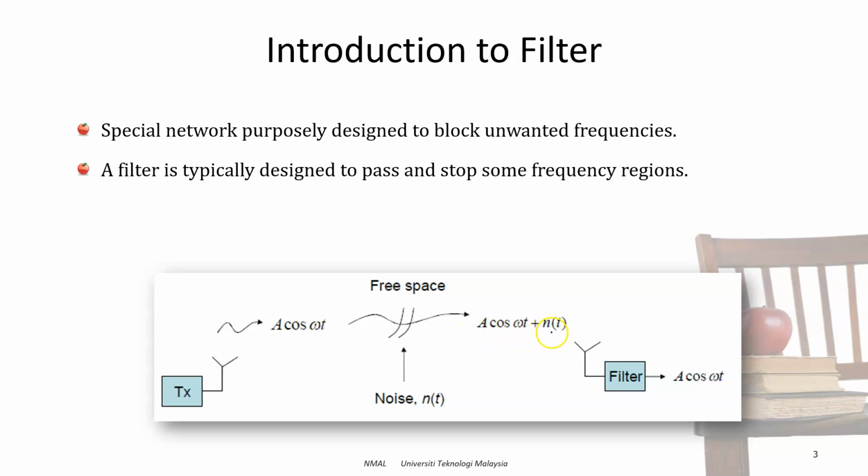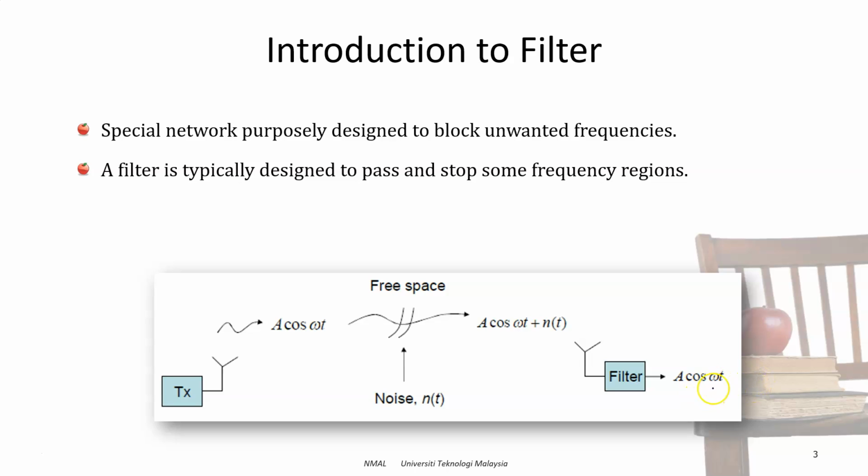This noise is n(t). And then this is where we need filter because we want to remove the noise. Okay, this is the first part of filter. We want to remove the noise and we want to retain the original transmitted signal, which is cosine omega t.